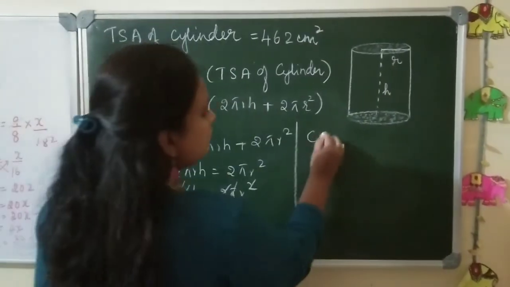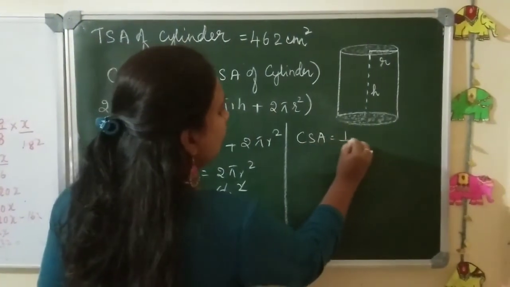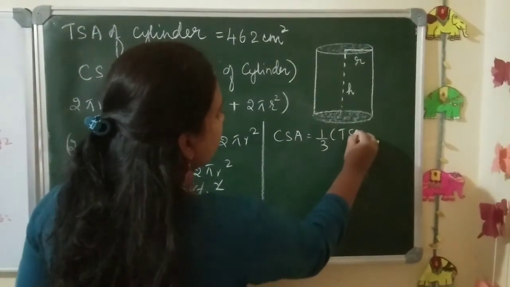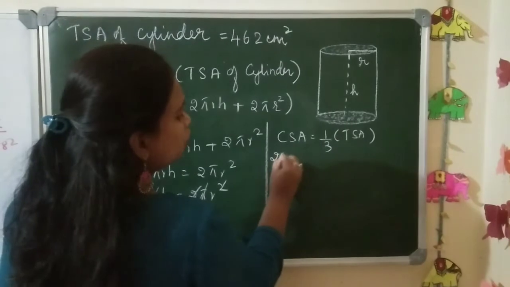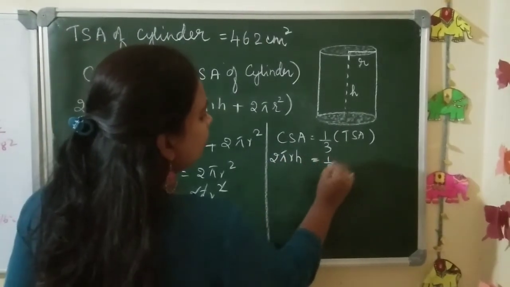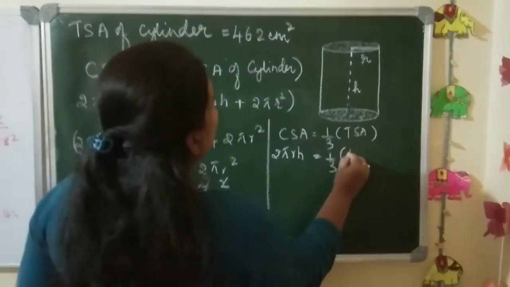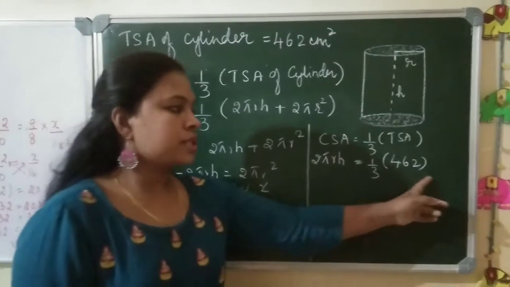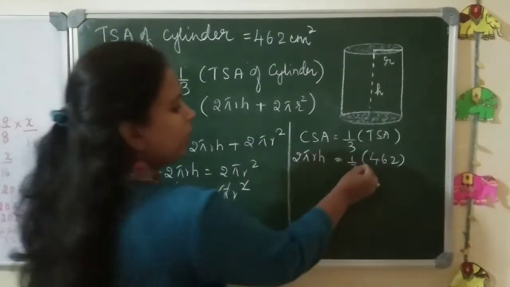Now the CSA is equal to 1/3 of the total surface area. So that is nothing but 2 pi RH is equal to 1/3 of 462. Now we will simplify.